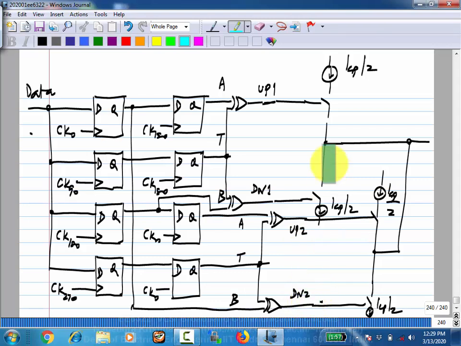Okay. So I guess you can do that with a logical combination instead of adding up currents. That is what is happening here, right? In the common period, if up 1 is high, this current will be going there, and if down 2 is high, that current will be going that way. Okay. So you can do that probably with a logical combination also.